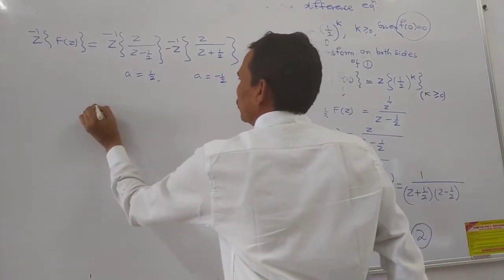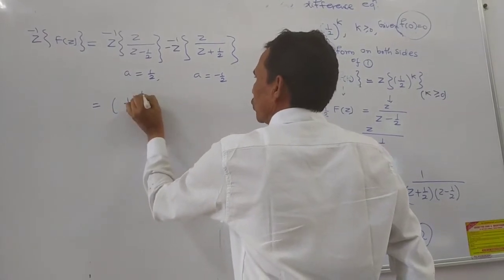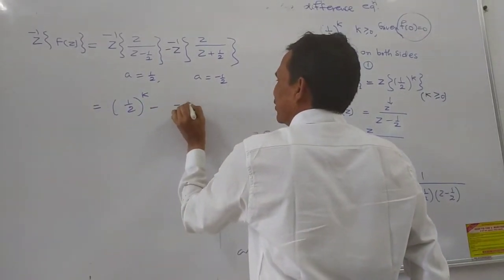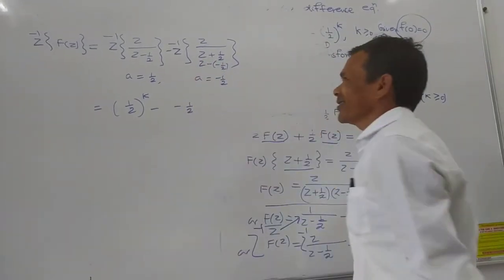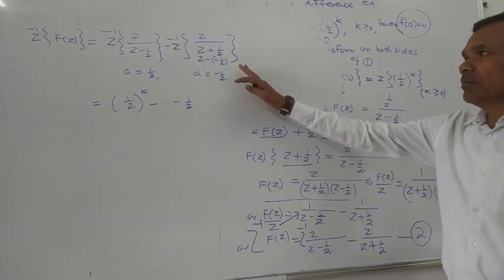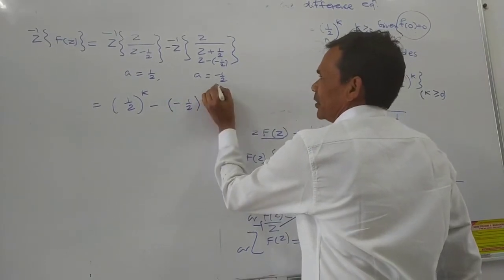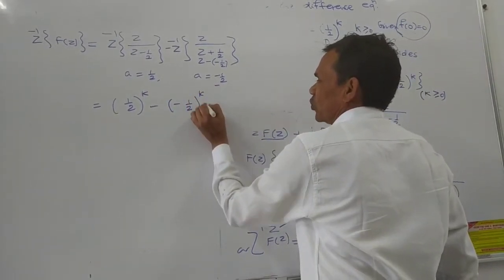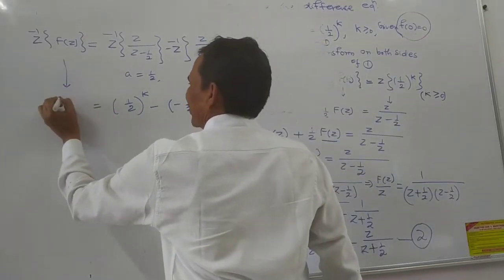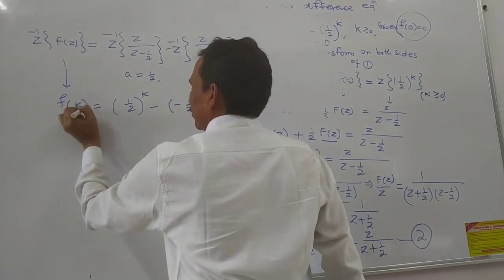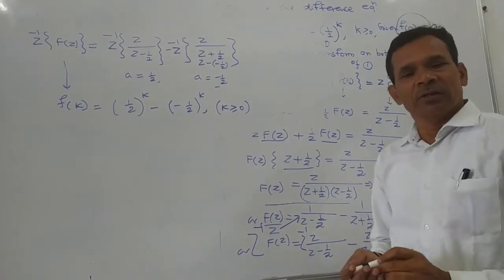So using that inverse formula, we get 1 by 2 raised to k, minus minus 1 by 2 raised to k, for k greater than or equal to 0. This is f of k, the required solution of this difference equation using z transform.